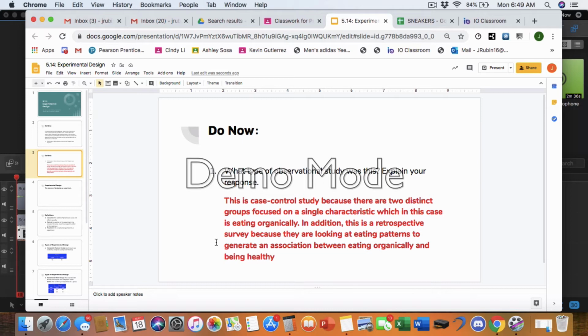Cohort is one group, but over an extended period of time. So a cross-sectional would be you're going to use this group and look at this date or this day or this month. Cohort is I'm going to take this group and look at this group over the course of a year or 2 years or 6 months.